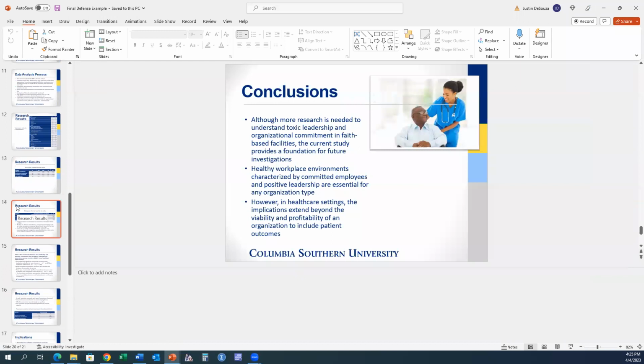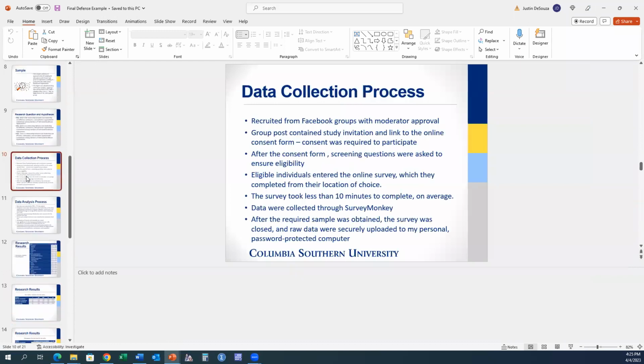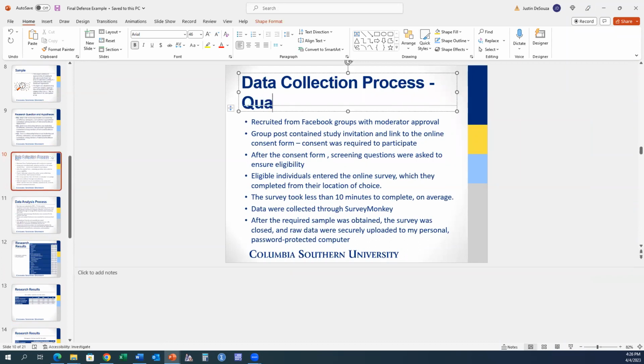You just need to partition your quantitative and your qualitative. Okay, so have separate section headings like data collection process. You could say this is quantitative. It's just going to be a longer presentation. It'll have the same content, just more detail. So you'll have separate slides for quant and qual.